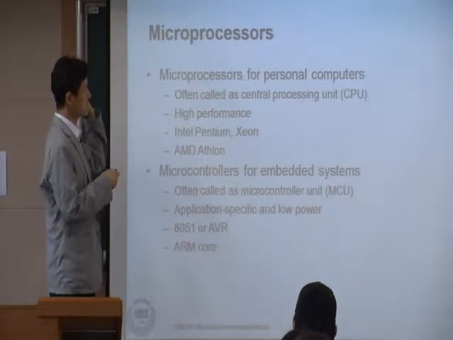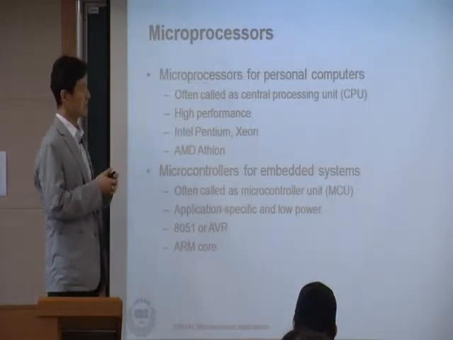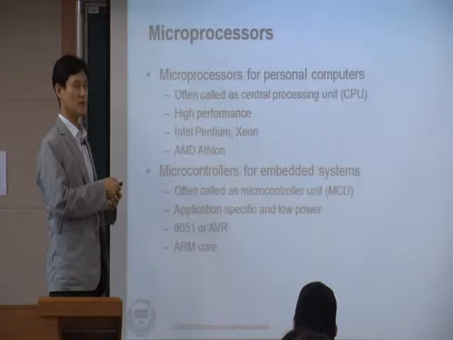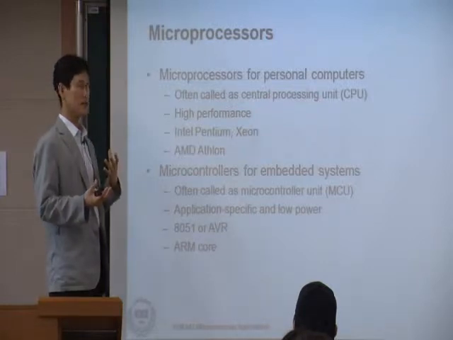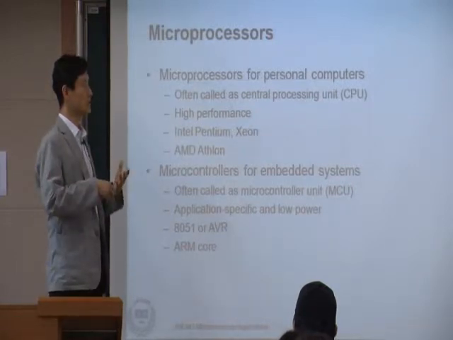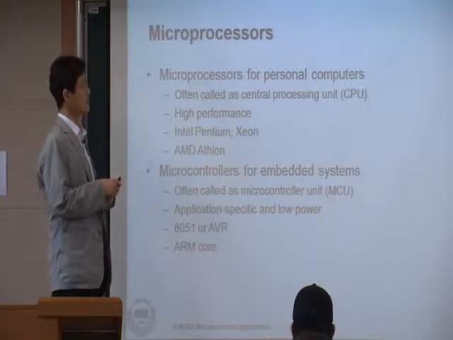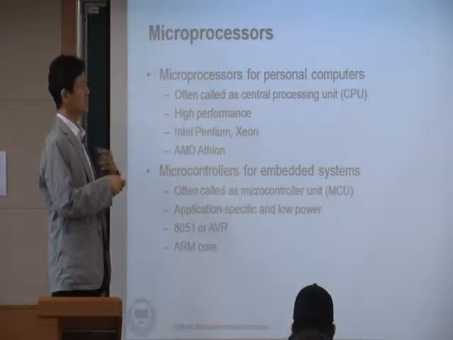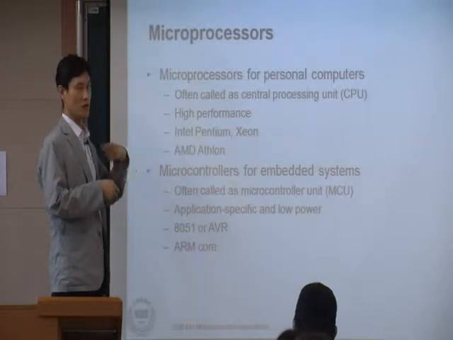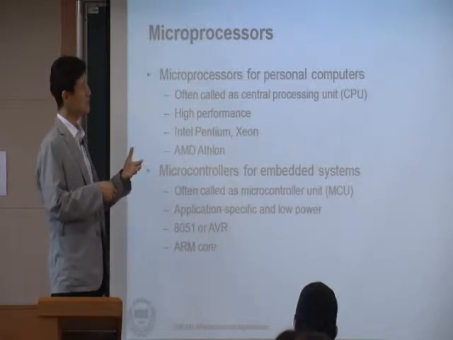In this case, a microprocessor is something like the CPU in your PC. Your PC is designed to do a lot of calculations and computations, right? So you need a lot of CPU power or processing power, okay?